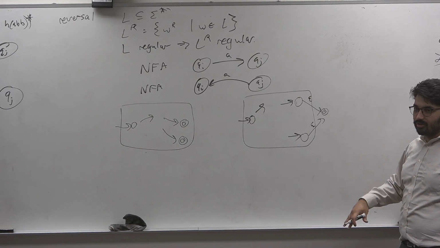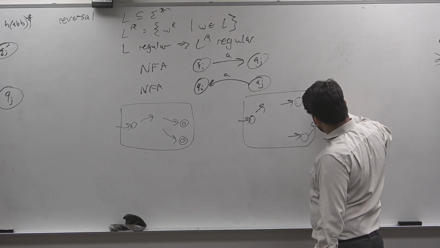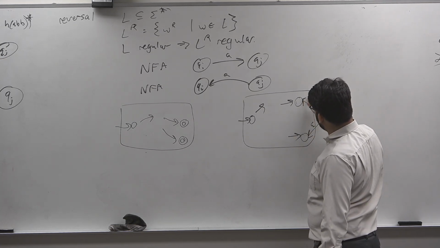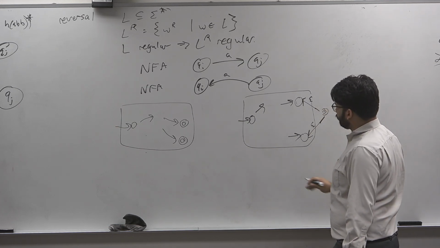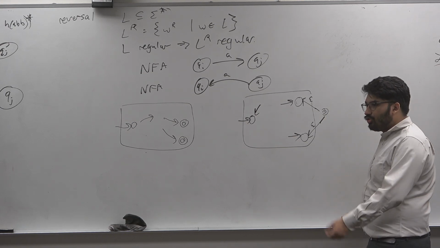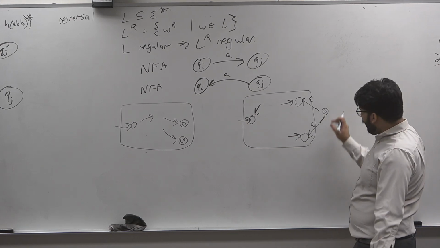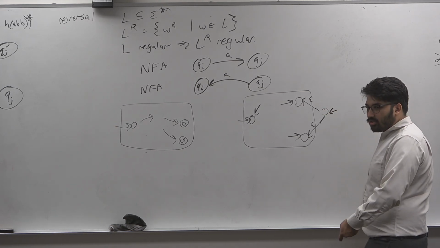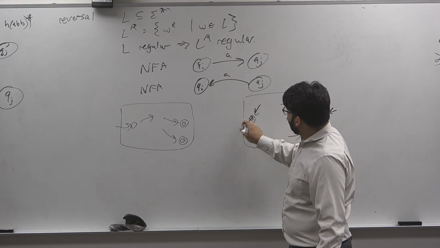Then we're going to reverse every single transition. We're going to make the single new final state now a start state, and the old start state is going to become the new accept state. Done.